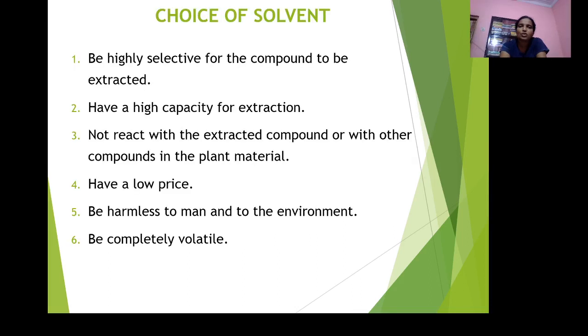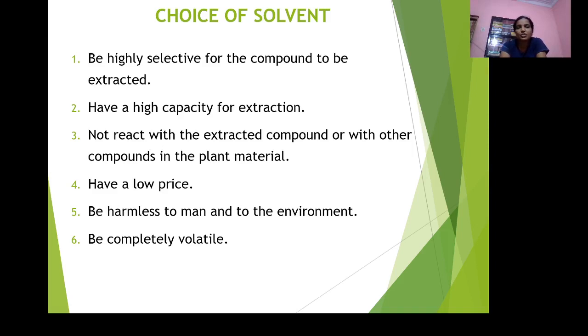The next topic is the choice of solvent. This is a very important step. What should the criteria be? These are given here. First, it should be highly selective for the compound to be extracted. It means that the solvent should be selective for that particular part of the plant which should get extracted.